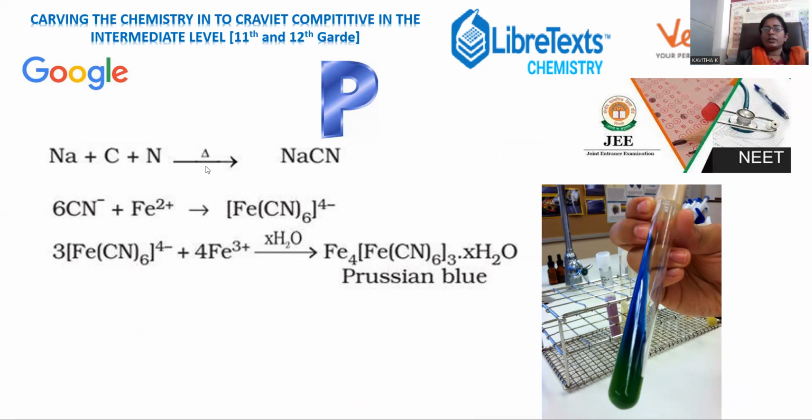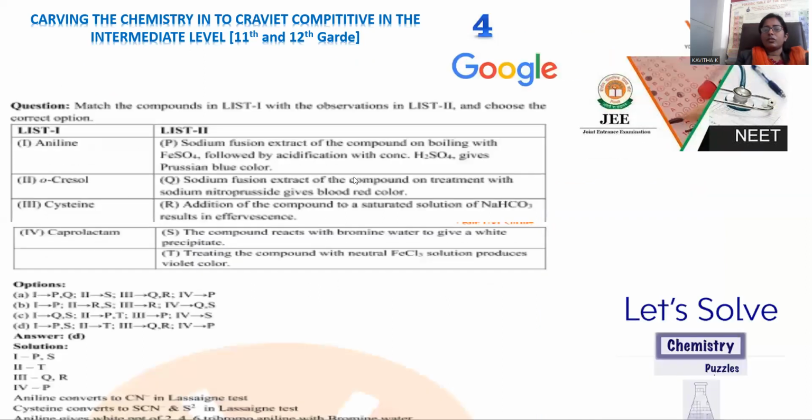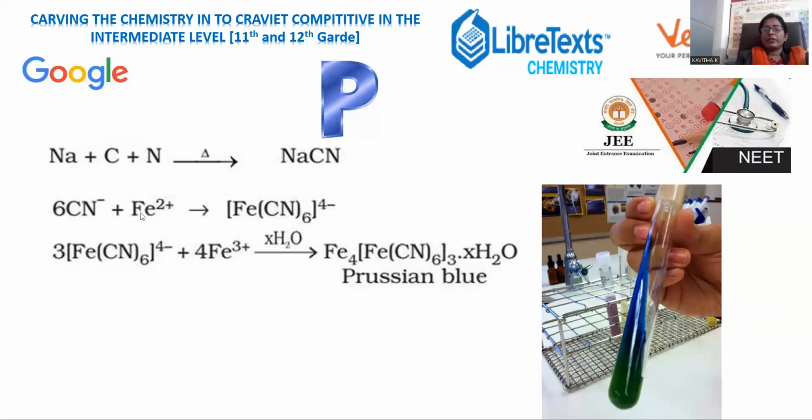Whenever these three are heated together, we will get sodium cyanide. NaCN is called sodium cyanide. The cyanide released can be treated with Fe2+, because here the reagent added will be ferrous sulfate. Freshly prepared ferrous sulfate can be treated. Okay, whenever ferrous sulfate is reacted, we will get a complex. Iron hexacyano complex will be formed.